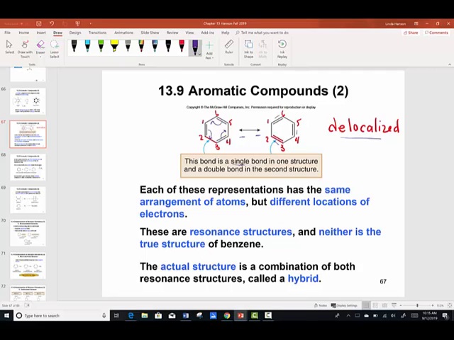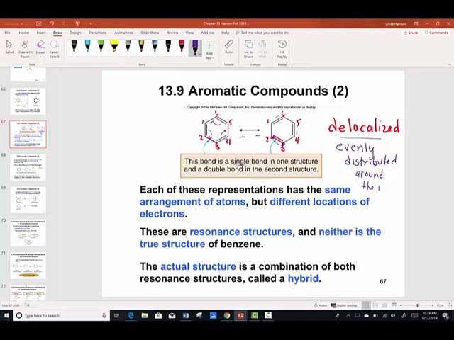delocalized electrons that those electrons are not necessarily in a position between two atoms of carbon at any one time, but rather evenly distributed around the entire ring. So a delocalized electron does not spend its time specifically between just 2 carbons, but rather between all carbons to create an equal distribution of electrons.